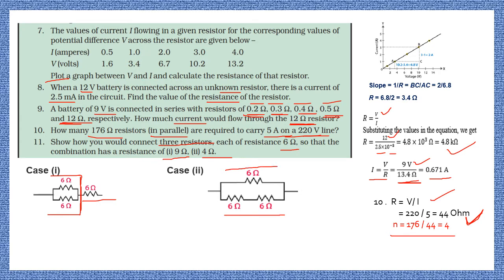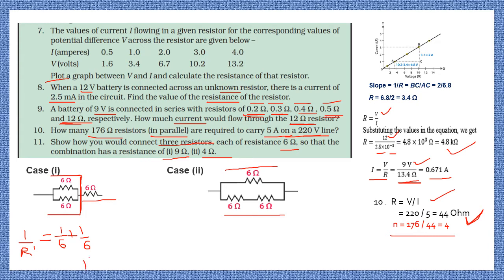Let me give you a hint for the first case. See, 1 by 6 and 1 by 6. These two are connected in parallel. What you have to do is find out the equivalent resistance for the parallel connection of both. So what will be the answer? From here you will get 1 upon R dash.